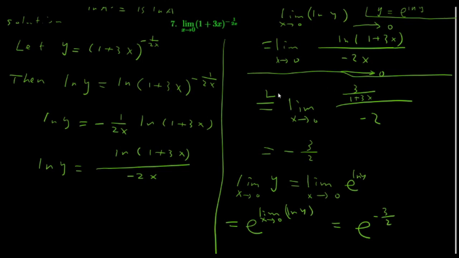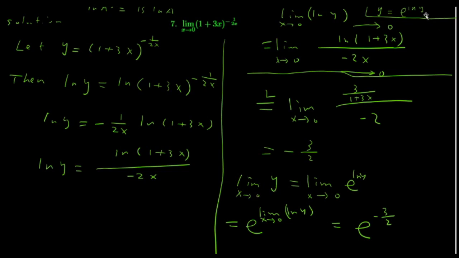In many cases, after applying L'Hopital's rule, you are going to get a finite number. Now, also remember the last step. This number is not the limit of the given function. This is the limit of natural log of y. We are trying to get the limit of y.